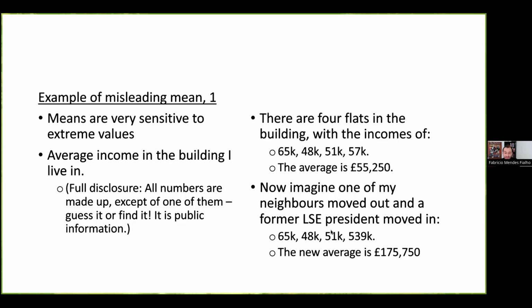So now that this relatively well-off person is living in my building, the average income in my building is 175,750 pounds per year, right?